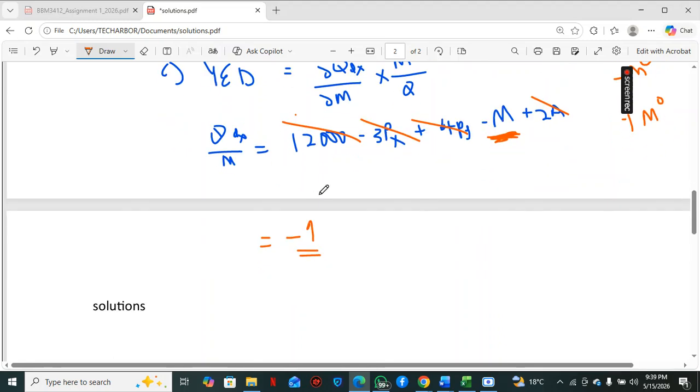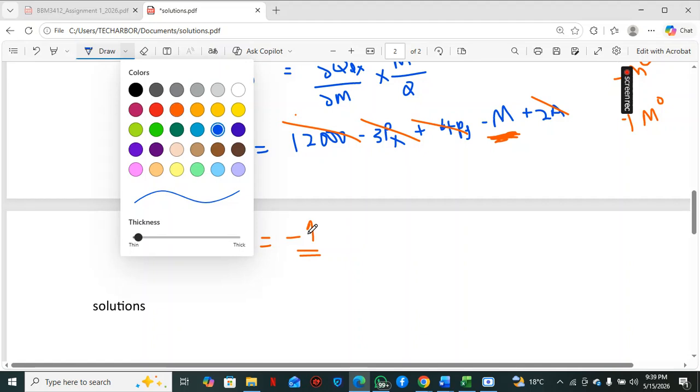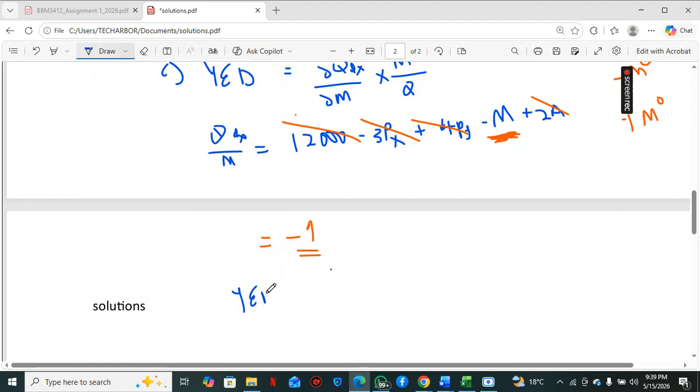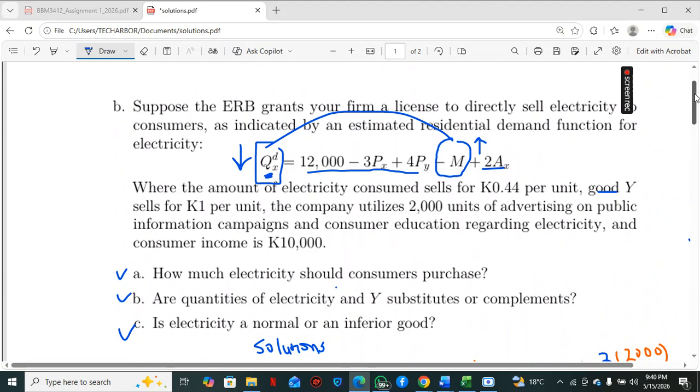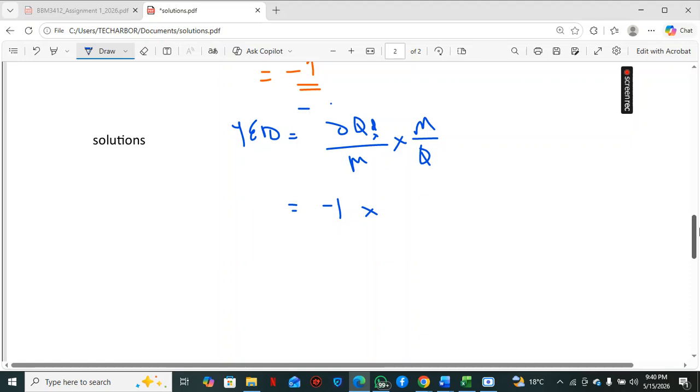Okay, so when we substitute into our formula here, income elasticity of demand, YED, the partial derivative of the demand function, so here you're going to put negative 1 multiplied by m, which was 10,000, over Q, which is 6,002.68.